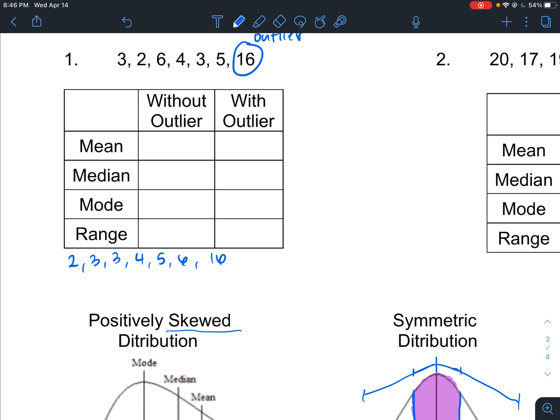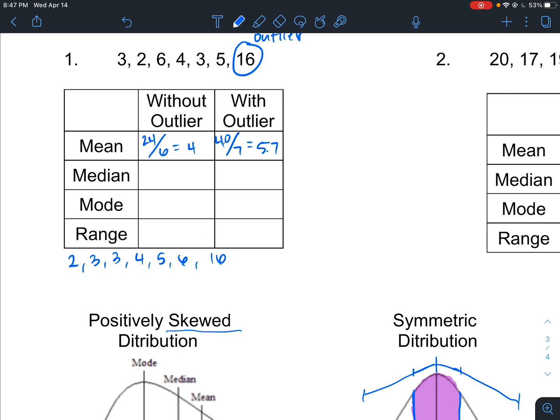When we add those up, we get 24, and 24 divided by 6, the mean would be 4. With the outlier, we add 16 to 24, which is 40, and this time we divide by 7, because that's how many numbers we have, and we get 5.7. So you see how the mean goes up by almost 2 when we include the outlier.